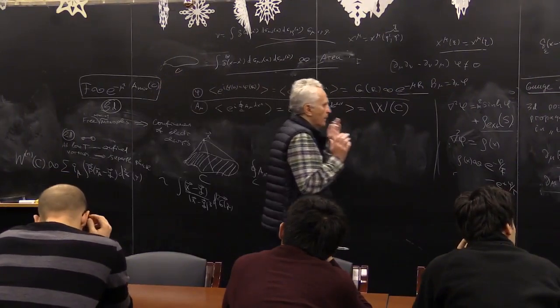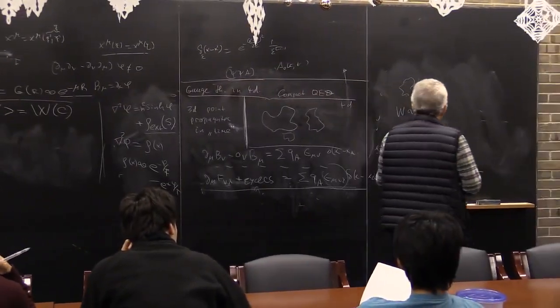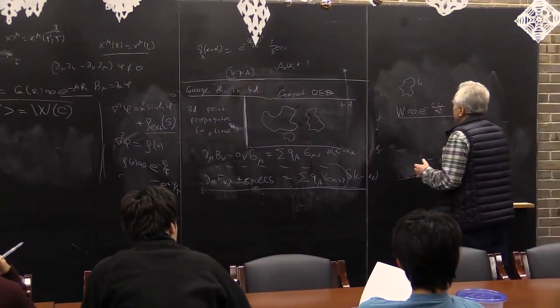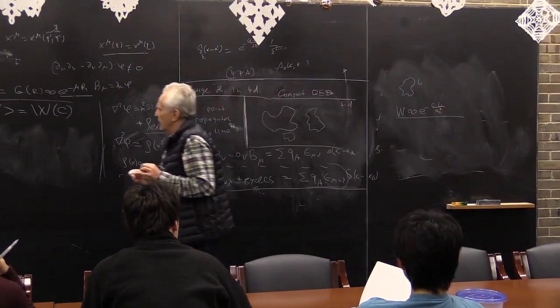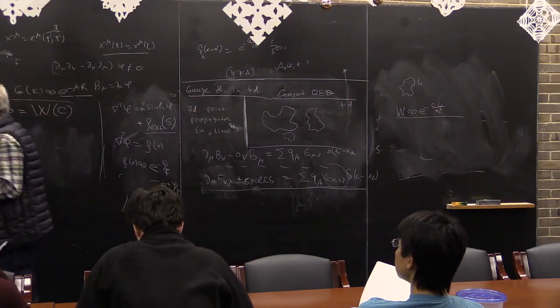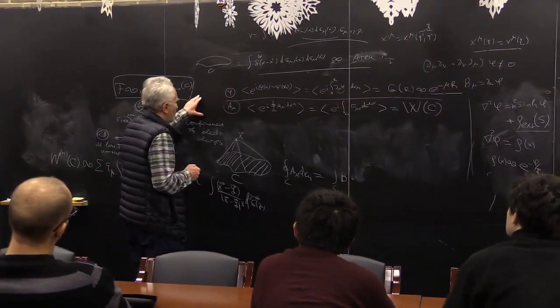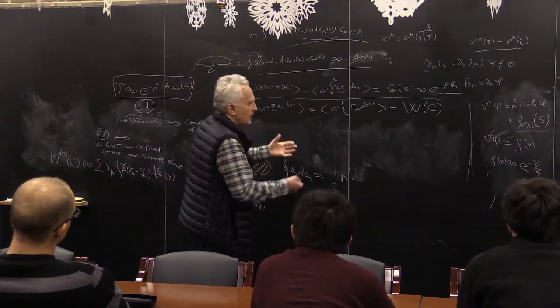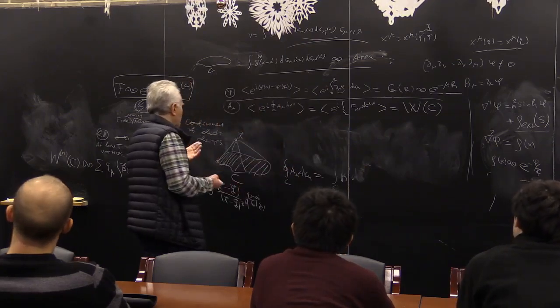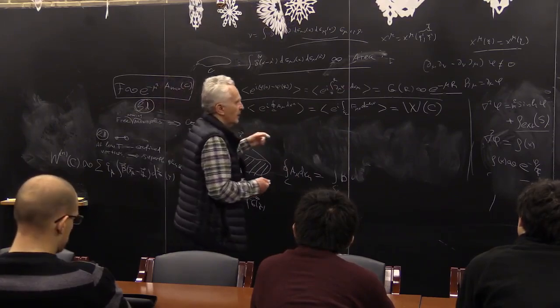So the first part is kind of negative, namely that if we have very low temperature, or very small coupling, very small charge, these loops cannot disorder the Wilson loop.